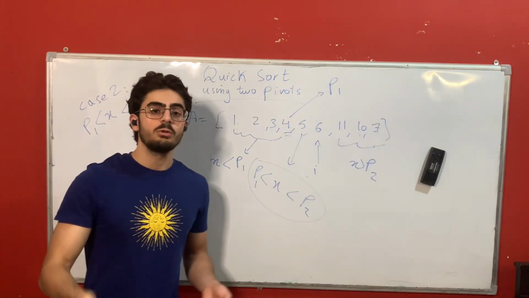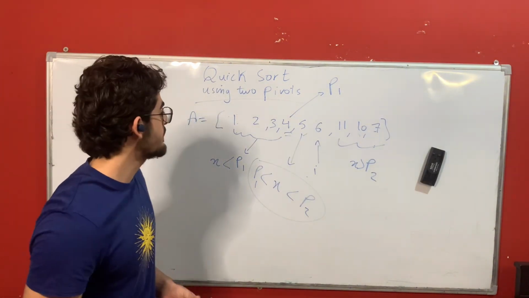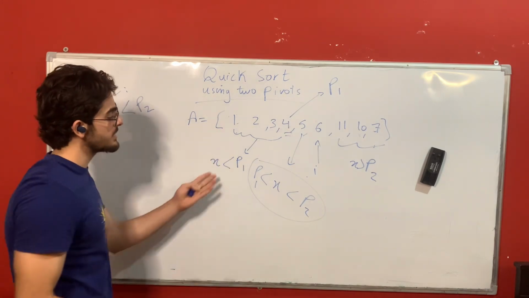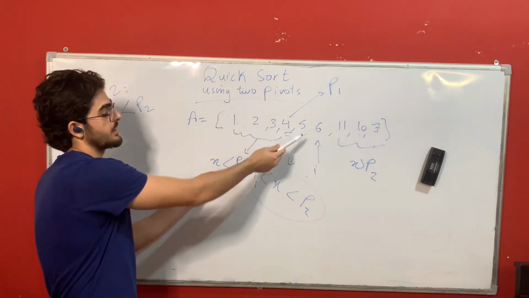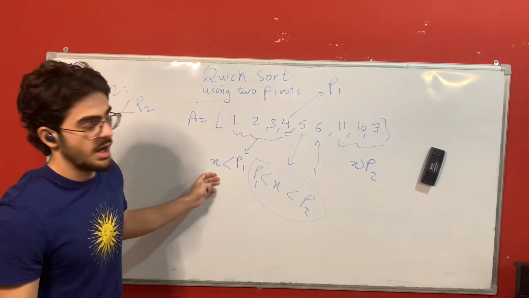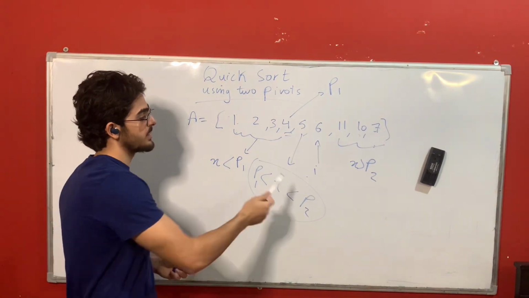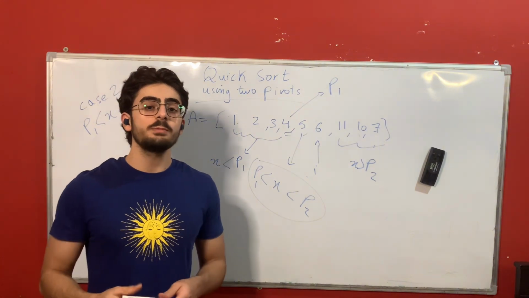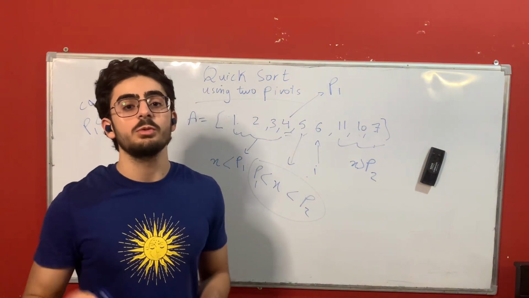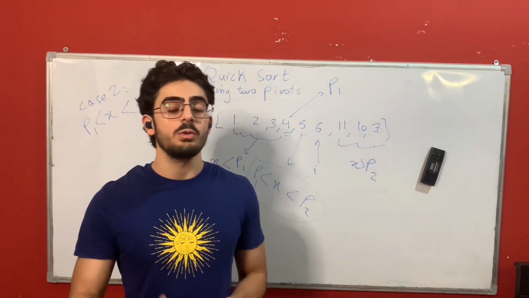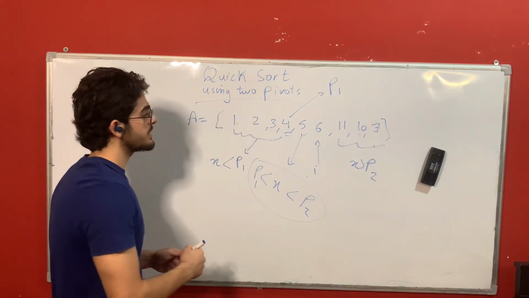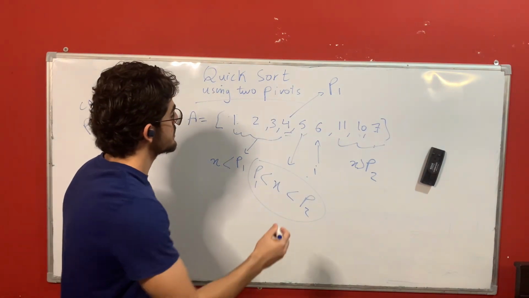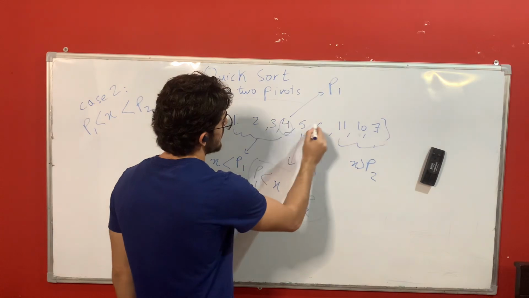As you can see, we have partitioned the array into 3 parts: the numbers that are less than P1, numbers that are between P1 and P2, and the rest of the numbers must be greater than P2. So now, instead of placing one element like we did in the quicksort in its correct position, we have managed to place 2 elements in their correct position, which are the 2 pivots, 4 and 6.